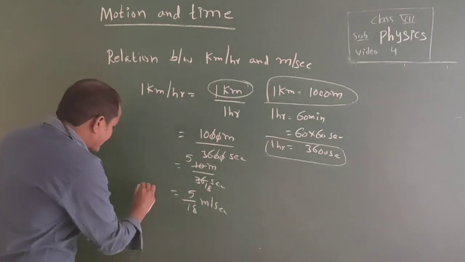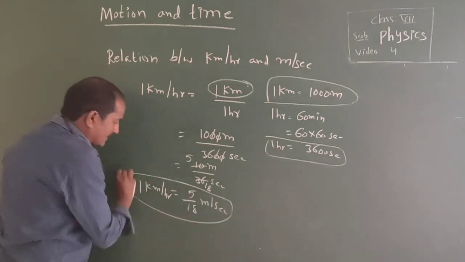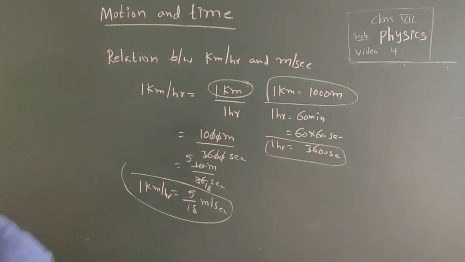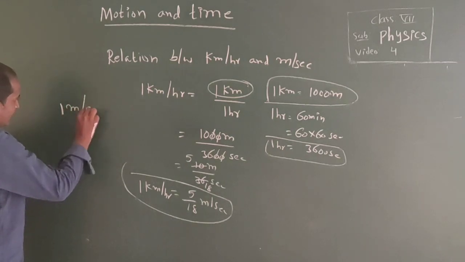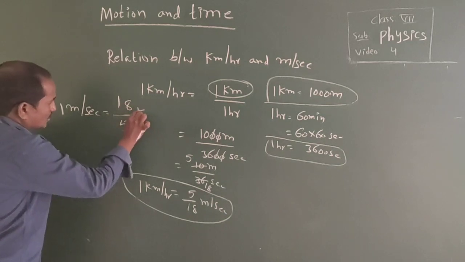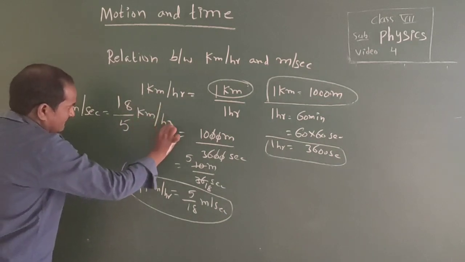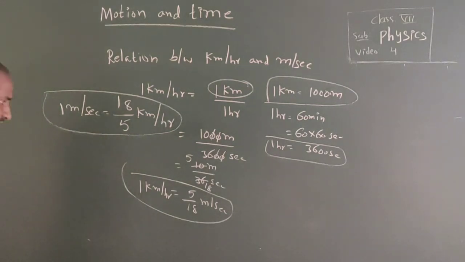That means 1 kilometer per hour is equal to 5 by 18 meter per second. At the same time, 1 meter per second is equal to 18 by 5 kilometer per hour. This is the relation between meter per second and kilometer per hour.